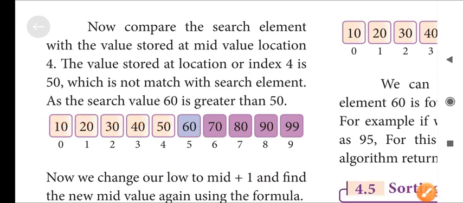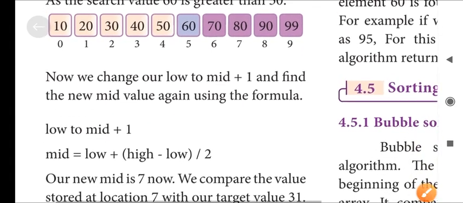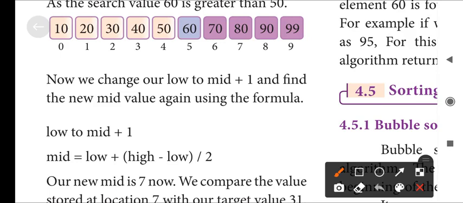Now again, this part will be rejected. Now we have the highest value, and the lowest value is 0, but 0 is left. Now we can find another low value, that is 5, but we have one formula for this: mid plus 1.